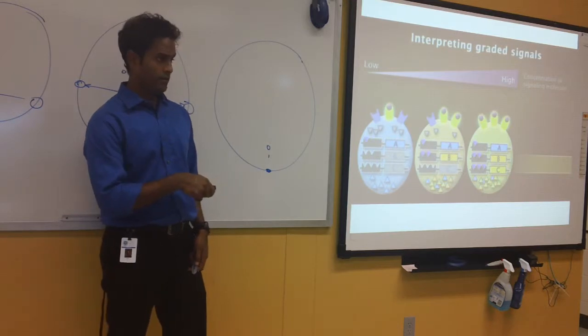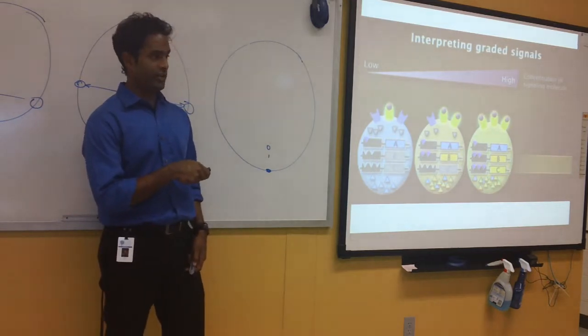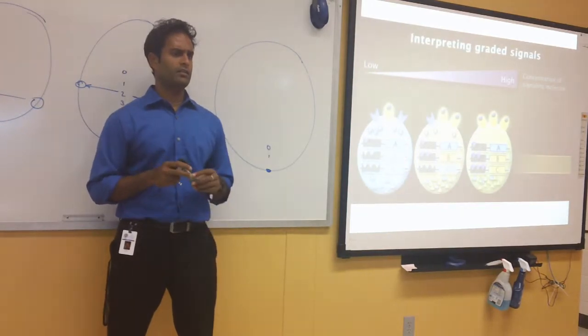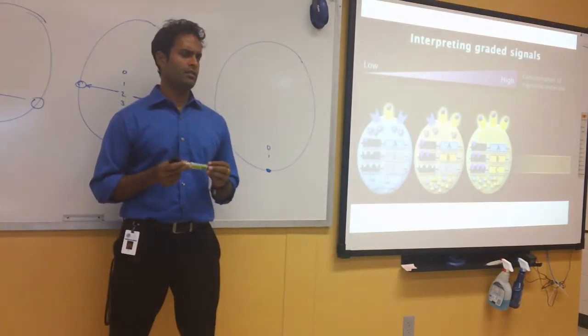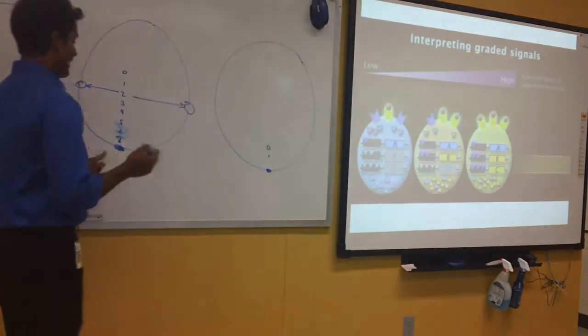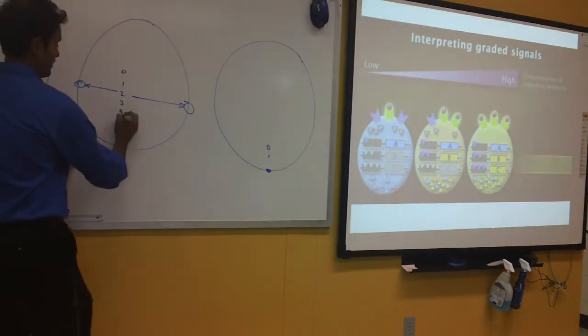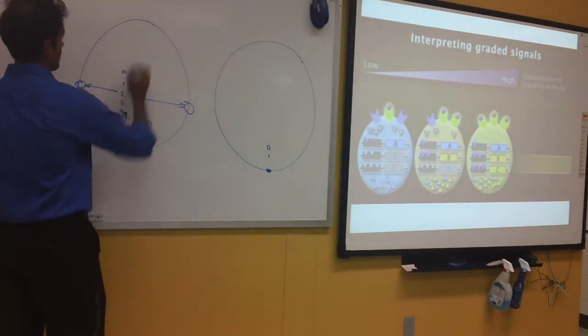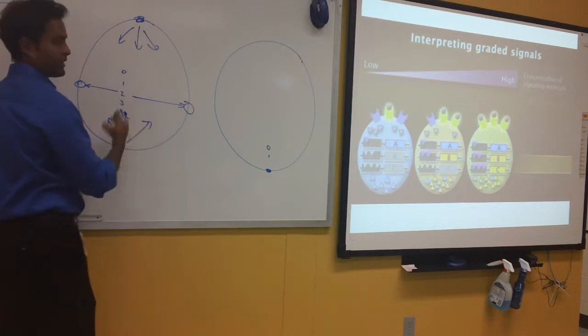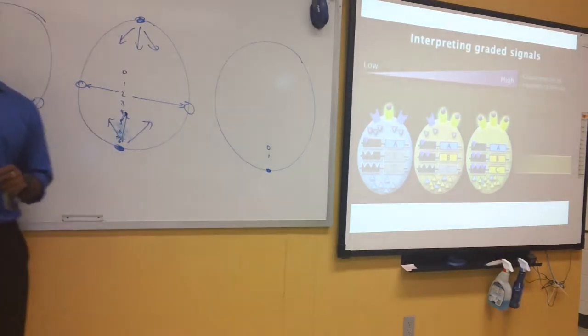This is the Sonic Hedgehog receptor. There are millions of other different kinds of signals out there. So in addition to sonic signal coming from the front, there's dorsal signal coming from the back, ventral, and there's a bunch of other signals.